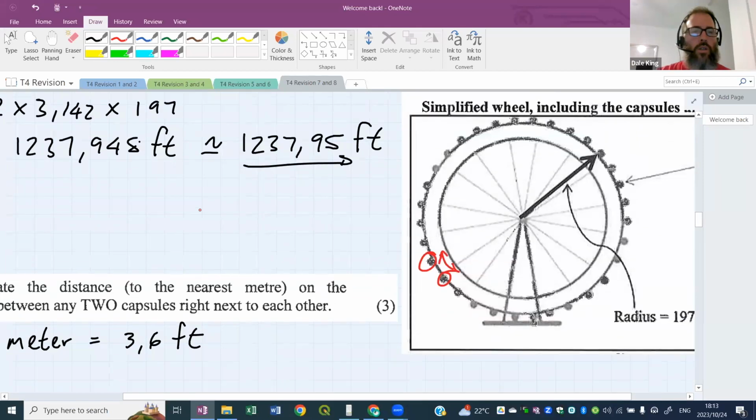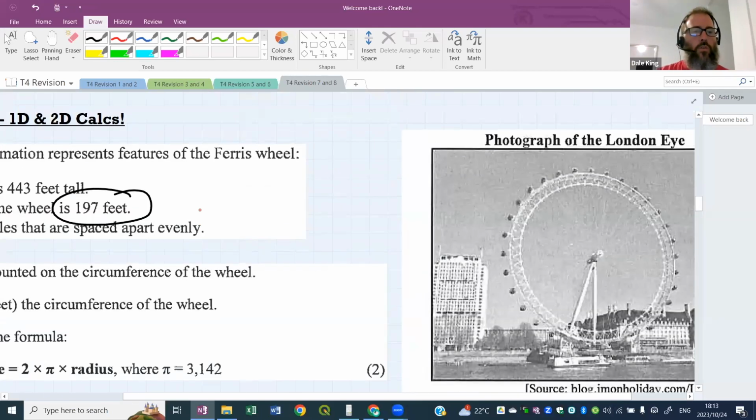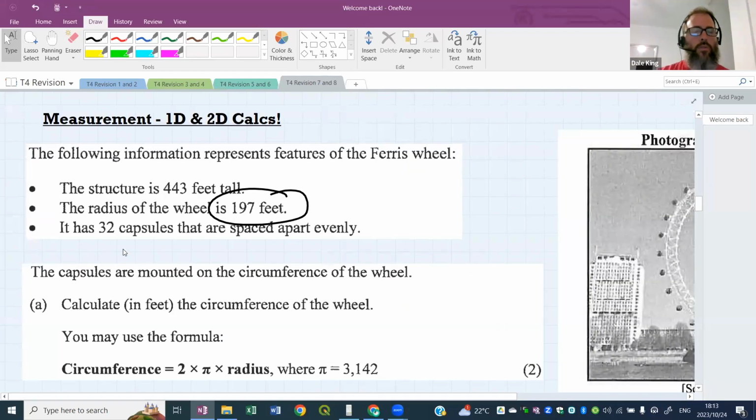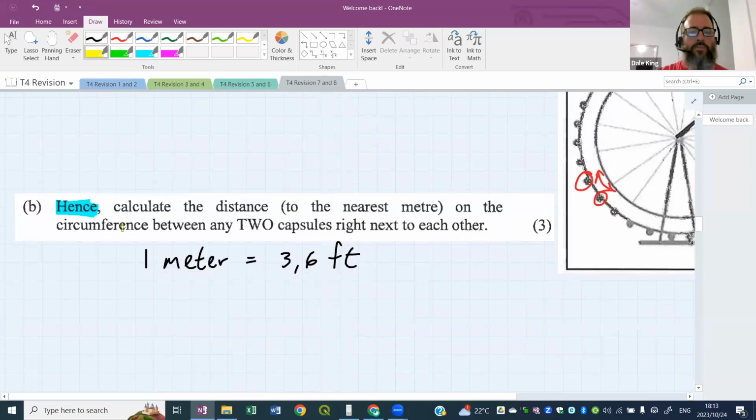What you need to know should be at the top here. Oh, there we go. It has 32 capsules, so the circumference has 32 capsules. I'm going to bring that information down here, so there's a conversion, and I'm also going to write there are 32 capsules.